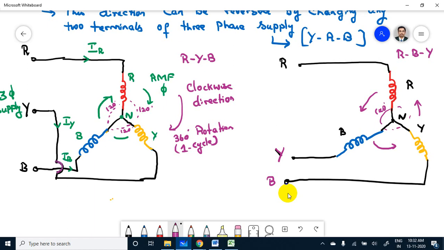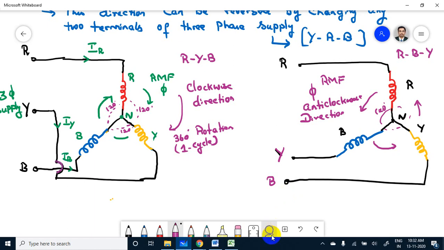So here the rotating magnetic field, that is flux, will be produced in anti-clockwise direction. So when the rotating magnetic field is produced in anti-clockwise direction, it means you have changed the terminals.